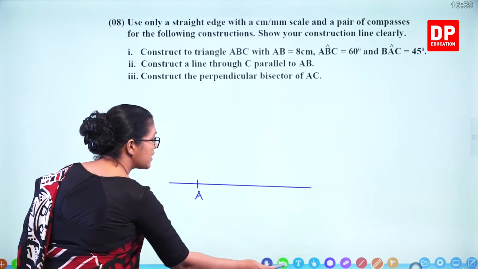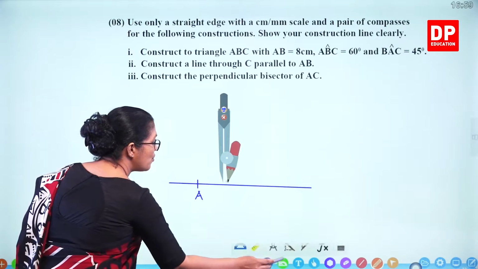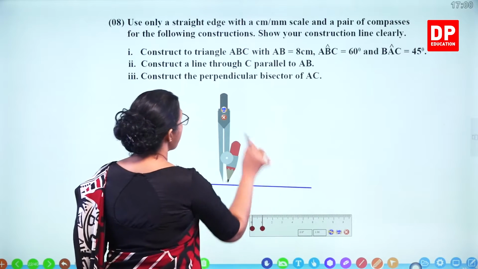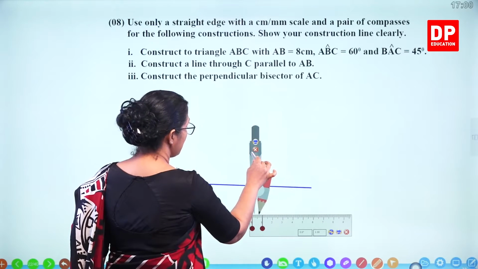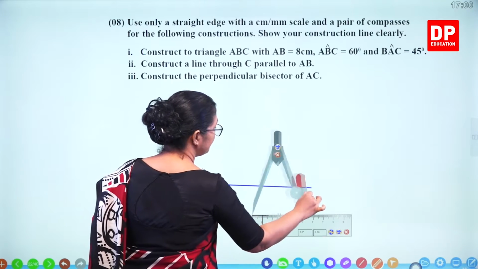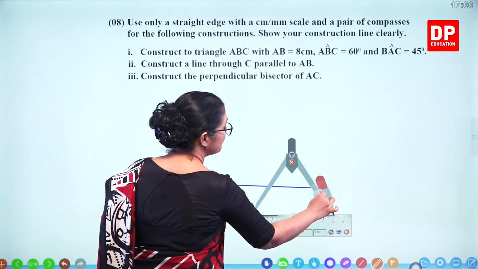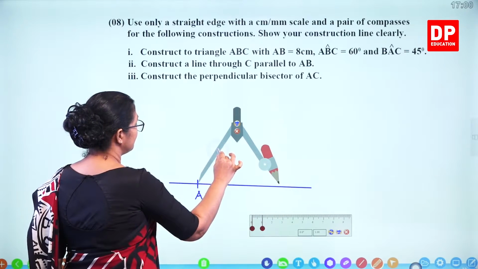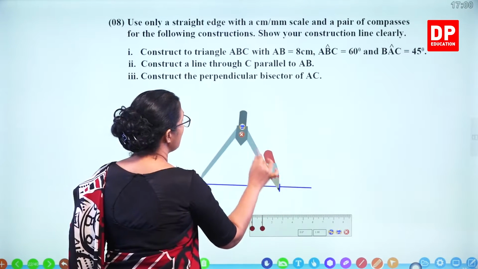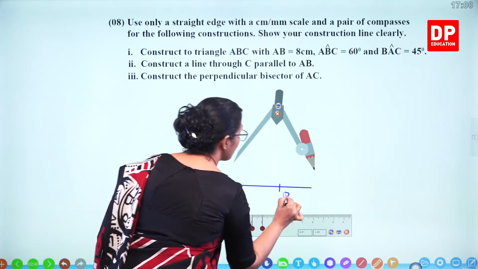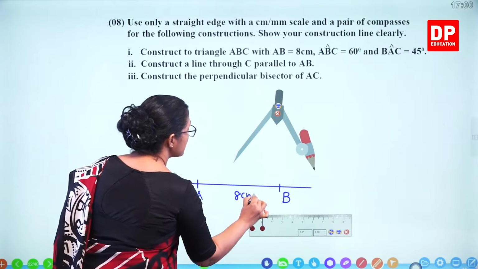So we can take the compass and the ruler. So here, what's the length? 8 centimeters. So you measure 8 centimeter length, and you can mark the B point. 8 centimeters.